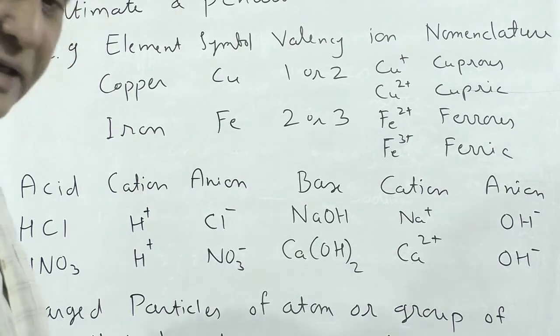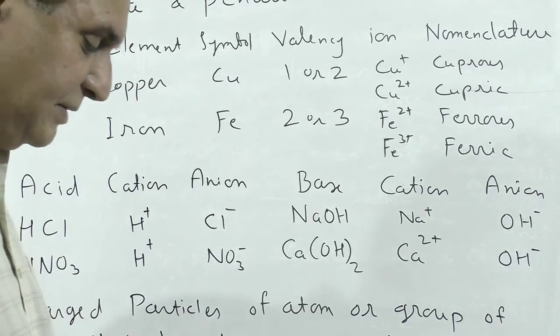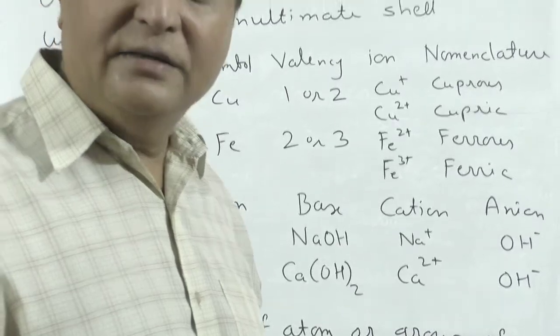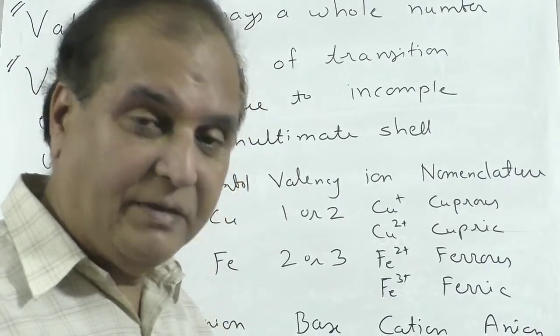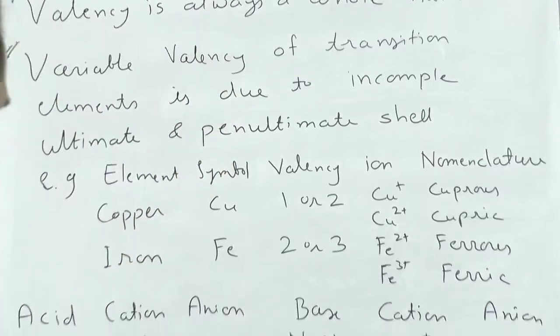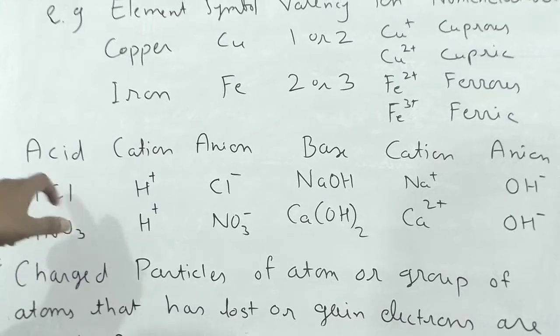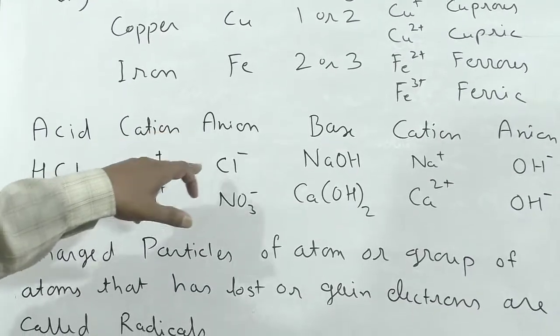So, how to identify cations and anions? Cations are positively charged. Anions are negatively charged. Cations are basic radicals, anions are acidic radicals. HCl, acid: cation is H+, anion is Cl-.